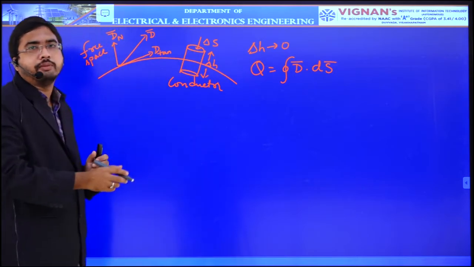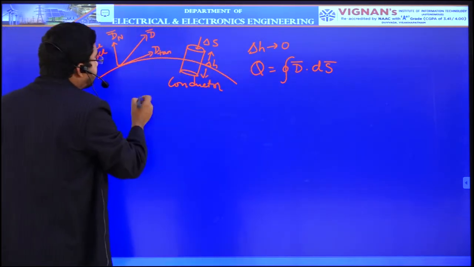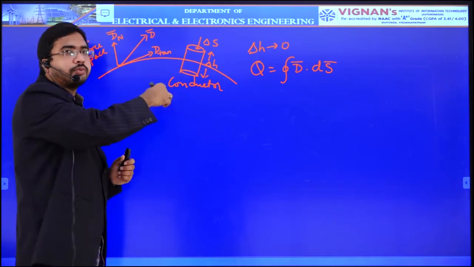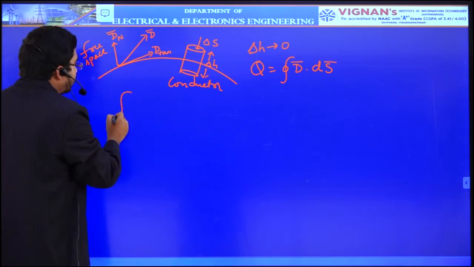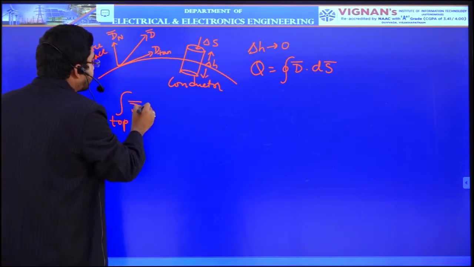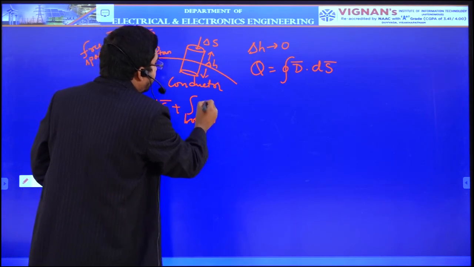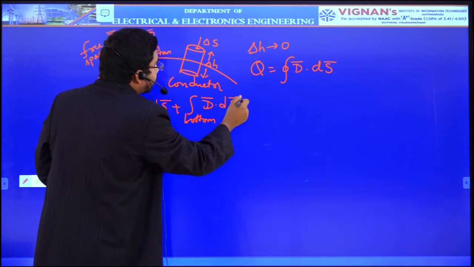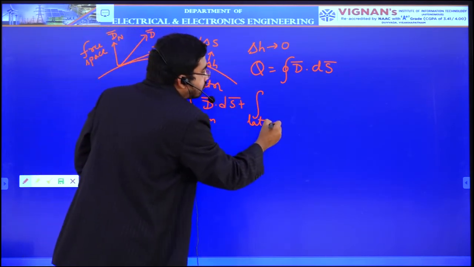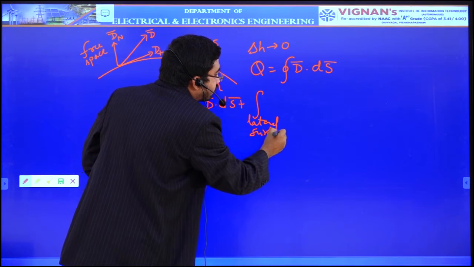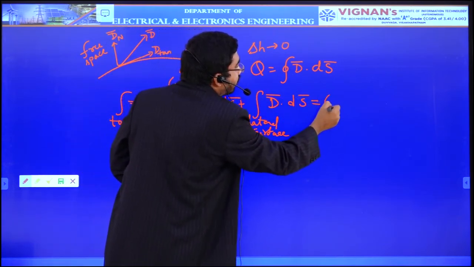That surface integral can be split, as the Gaussian surface has three parts: top, bottom, and lateral surface. So the integral over the top of D bar dot dS bar, plus the integral over the bottom of D bar dot dS bar, plus the lateral surface, the complete surface of your cylinder, the integral of D bar dot dS bar should be equal to Q.